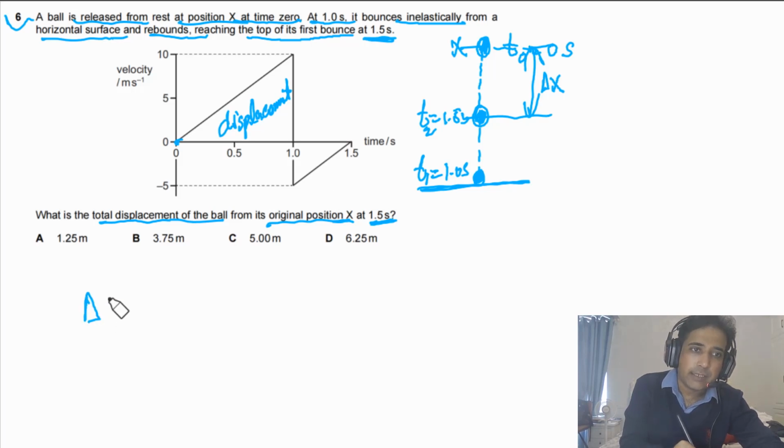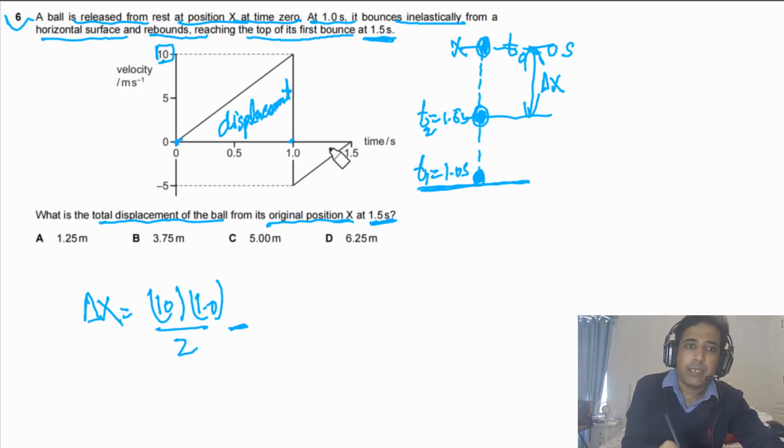So delta x will simply be equal to the difference between these two areas. If we calculate this area, we have 10 here, and here we have 1. So this area will be equal to 10 times 1.0 divided by 2, minus this area.